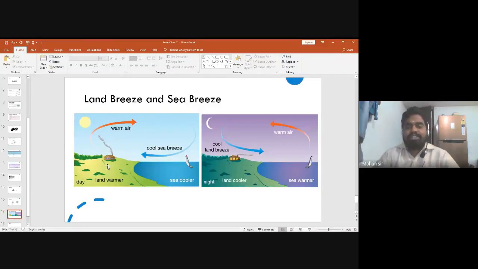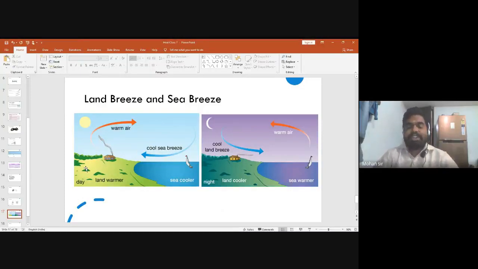So warm air from the land will blow towards the sea, and in reaction to this, the cool air near the sea will come towards the land.